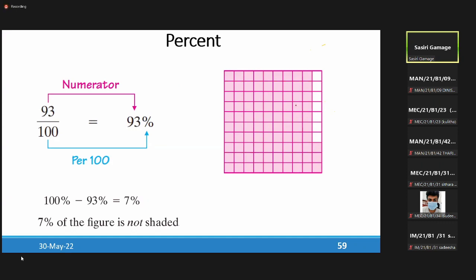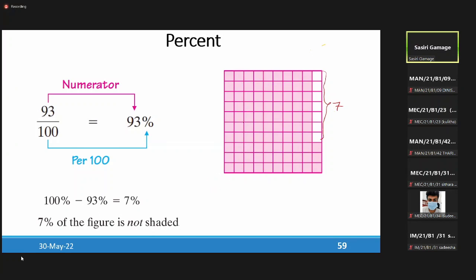Out of those 100 rectangles, here we have seven unshaded rectangles. Then shaded ones are 93. Then we can indicate it as 93 shaded rectangles out of a total of 100.